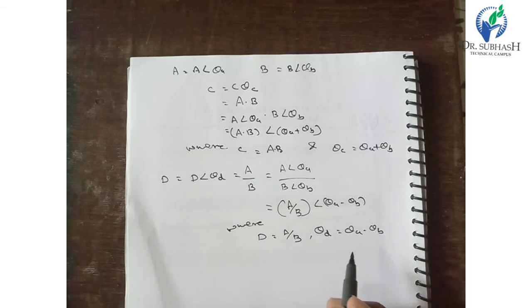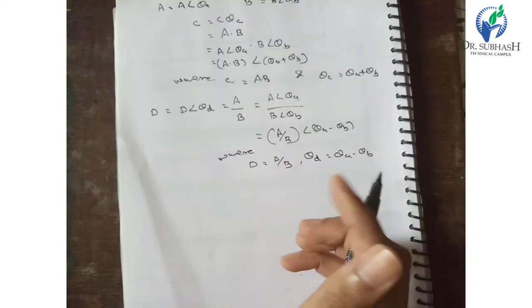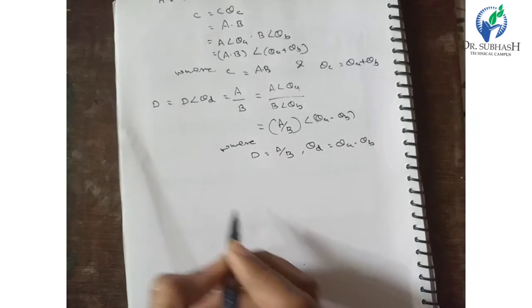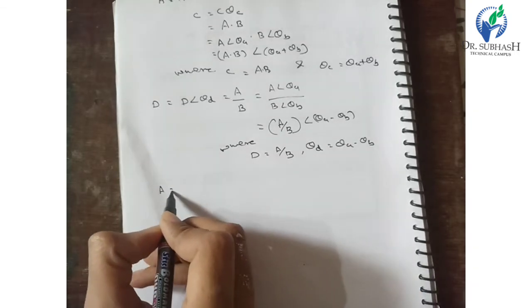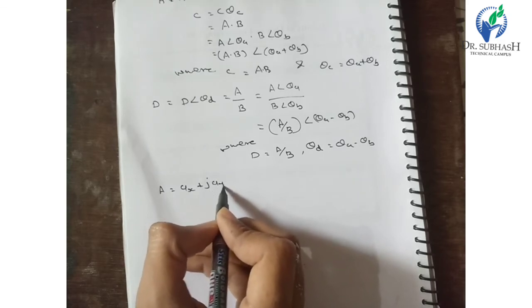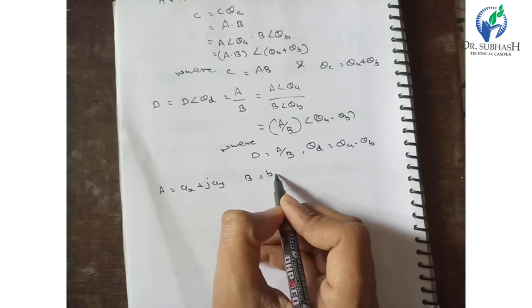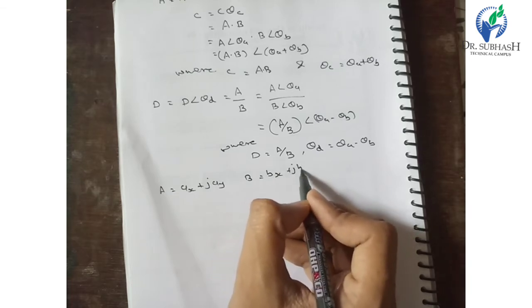If the phasors are expressed in rectangular form, A is equal to AX plus j into AY, and B is equal to BX plus j into BY.